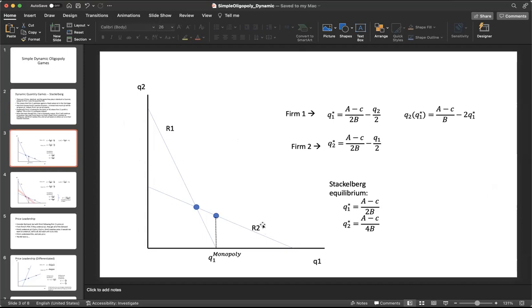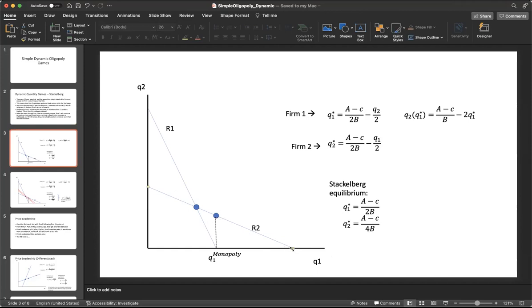Okay. So this is our constraint. This is firm 2's reaction function. And firm 1 is looking for a spot here. It is looking for a position that will maximize its own profit, understanding that firm 2 will produce something. It could have chosen this one, right?